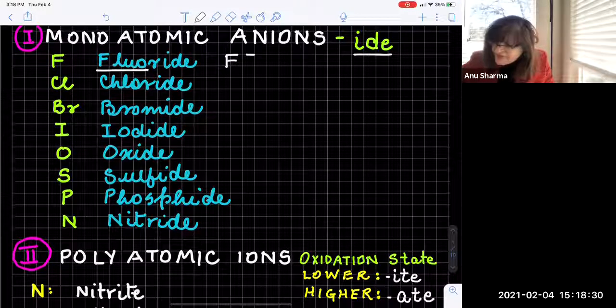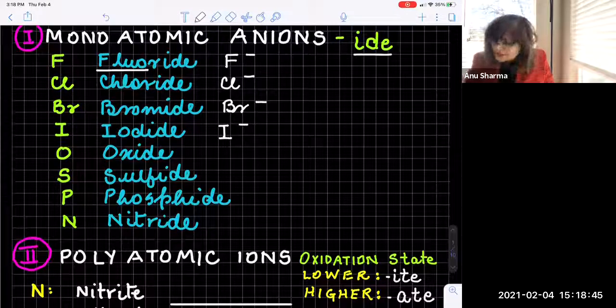It's just F with 1 negative charge, because fluorine is in group 7A. Chlorine, similarly, group 7A, 1 negative charge. Bromine, group 7A, 1 negative charge. Iodine, group 7A, 1 negative charge. And as you've seen, they're chloride, bromide, iodide. So all of them end in ide.